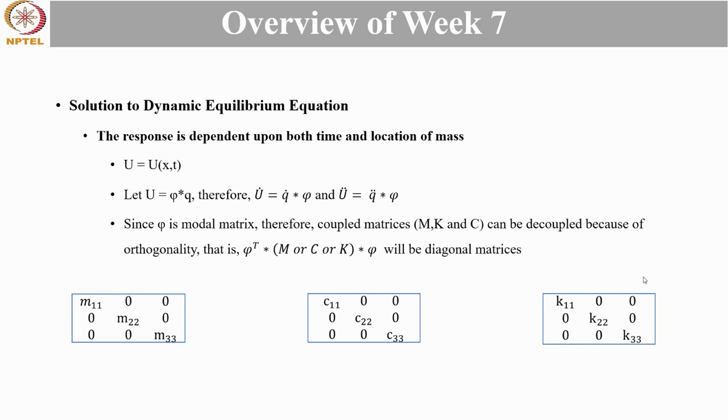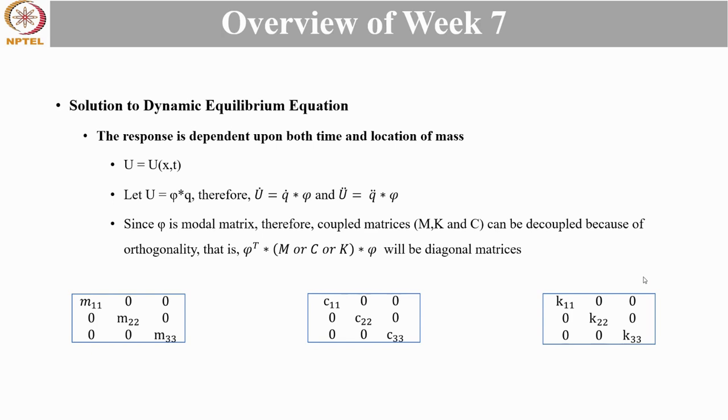However, deformation now will change not only with time but also with position of mass, that is first floor, second floor, and so on. Thus, deformation can be written as a function of both time and distance, as a product of q of t and phi of x. Since x will have different distinct known values, those are floor heights.